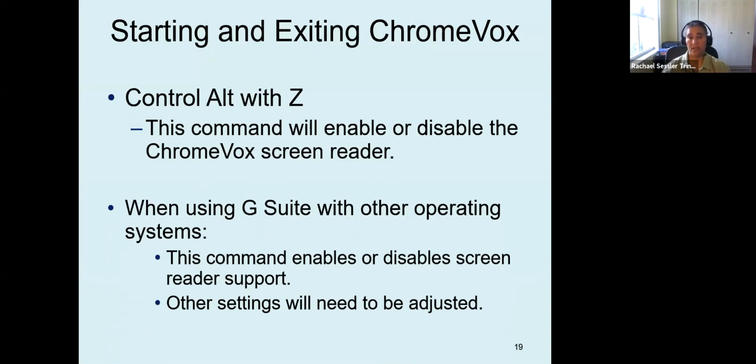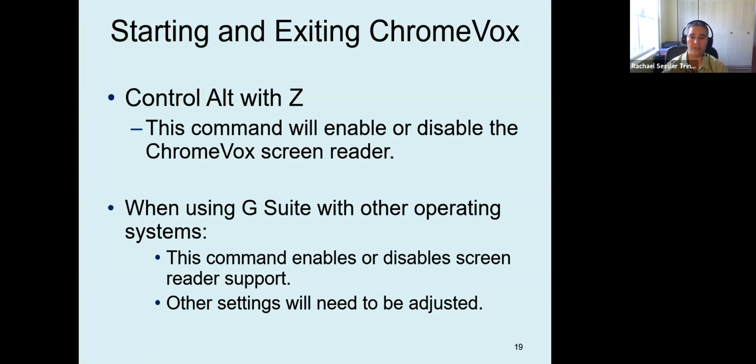Cool tip, if you're using any of the G Suite features, which are accessible on most operating systems, if you're using Windows or Mac, but if you're using a Windows computer with a different screen reader, Control Alt Z will actually toggle screen reader accessibility mode on or off.